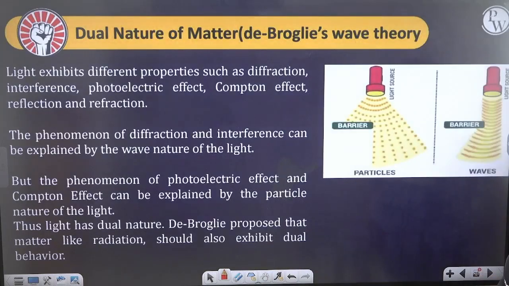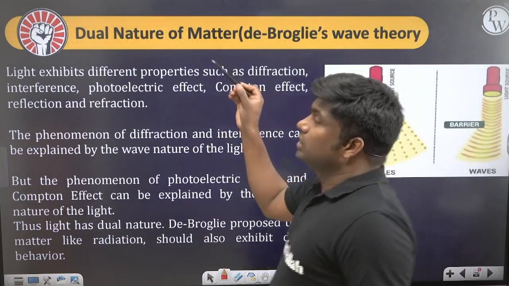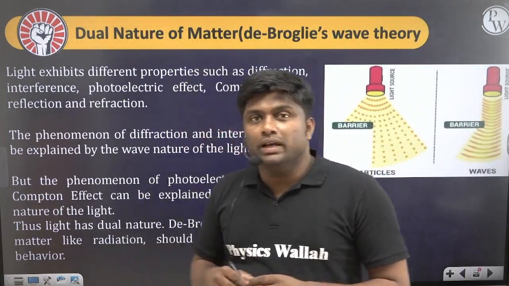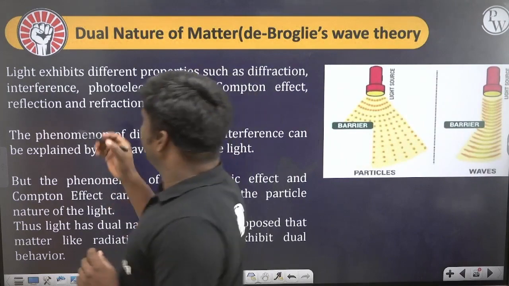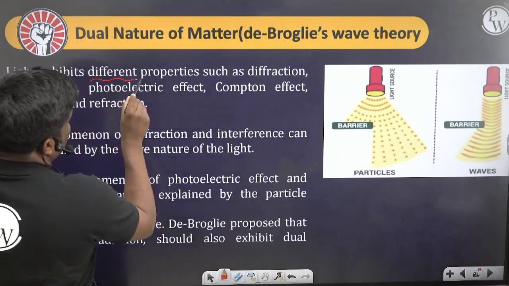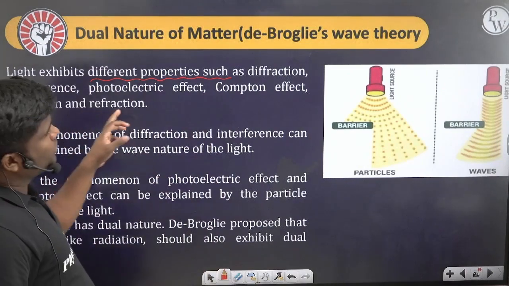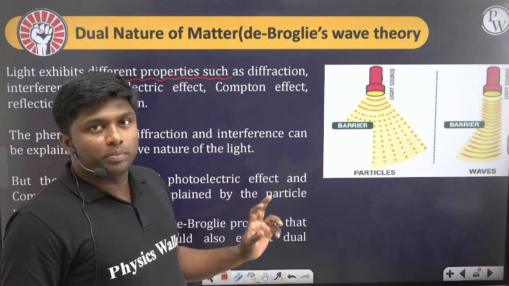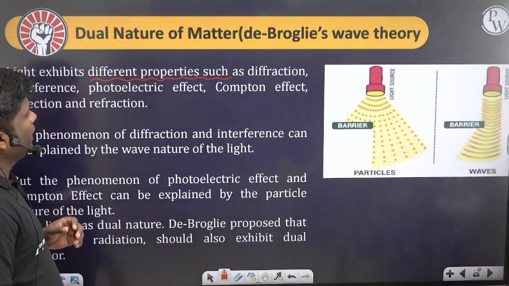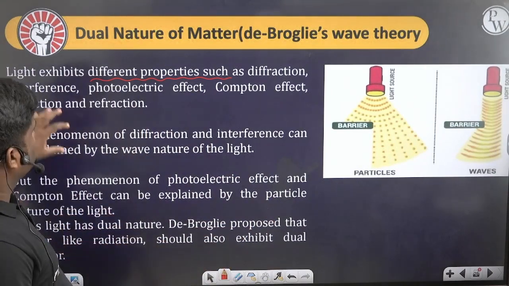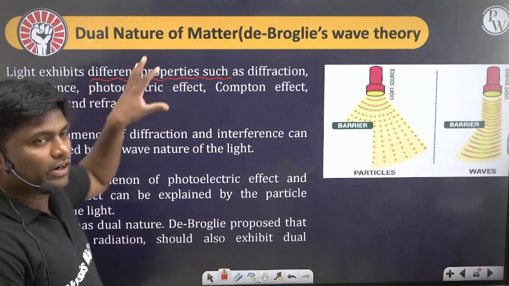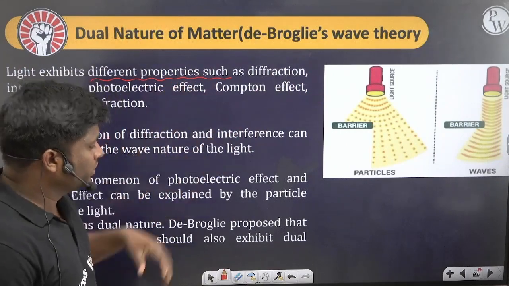Next one is dual nature of matter. Light exhibits different properties such as diffraction, interference, photoelectric effect, Compton effect, reflection and refraction. These are the properties of electromagnetic radiation or light.